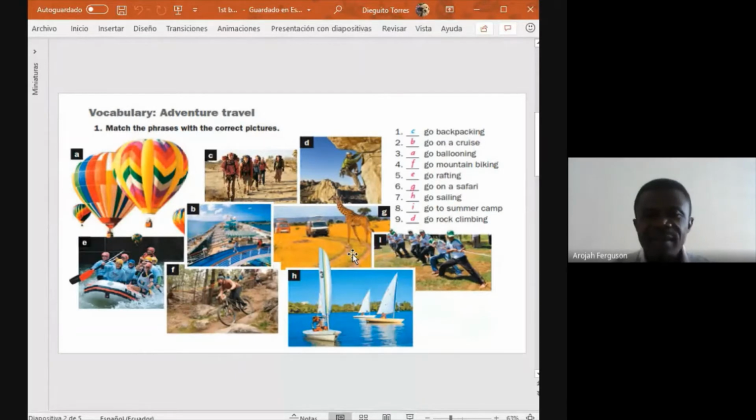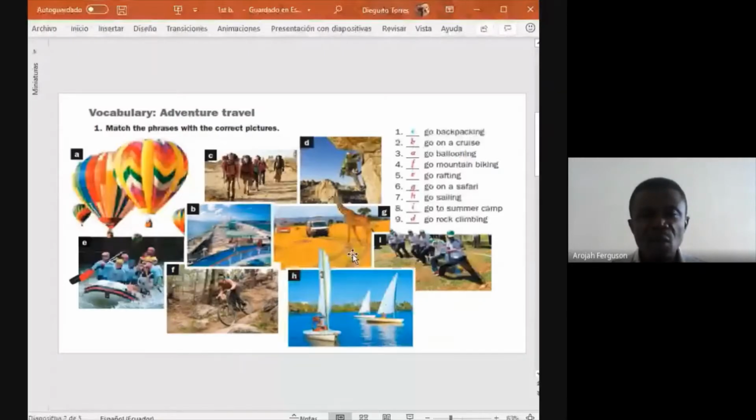Go on a safari. We normally go on safari. It's normally in the desert, and you normally see a very dry, plain land. You see animals in their natural habitat, and you see the expeditors, people who go to see the animals in their vehicles, their trucks, just to see how the animals live.